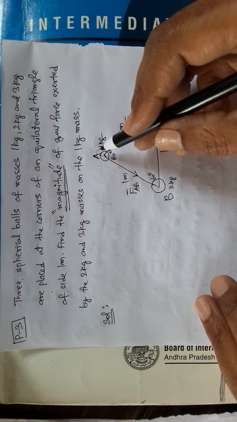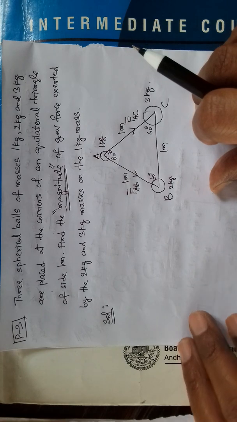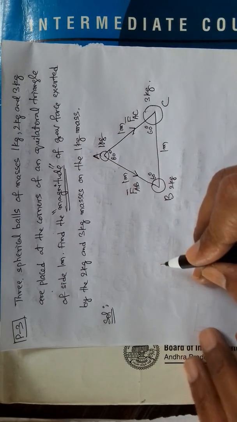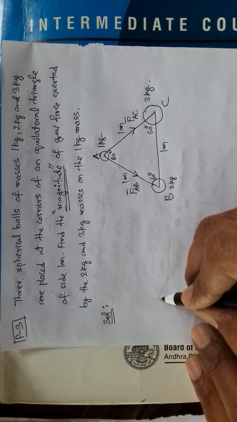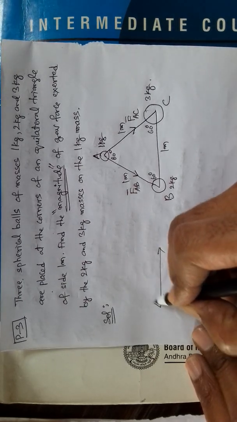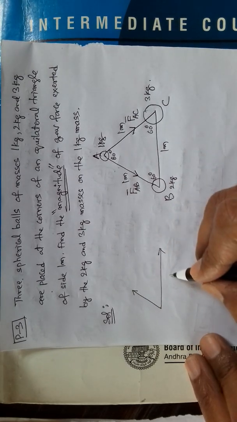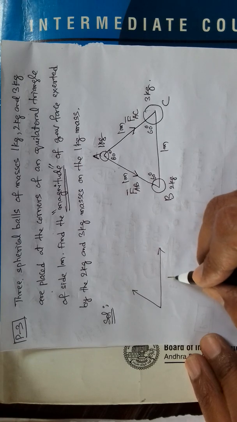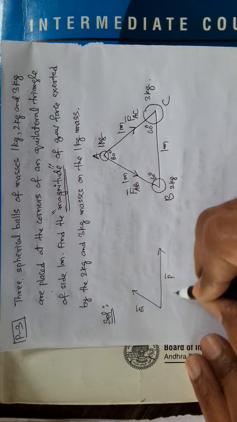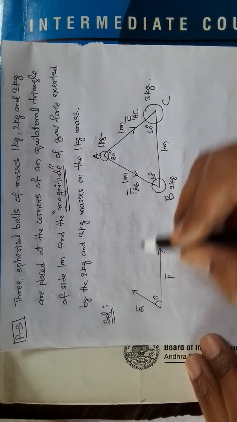So to find the resultant of the two forces, we make use of the law of parallelogram. You have learned in Sem 1. Suppose this is force P, and this is force Q, and the angle between them is theta.